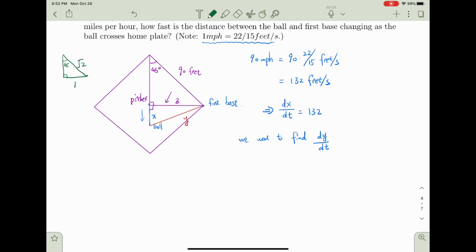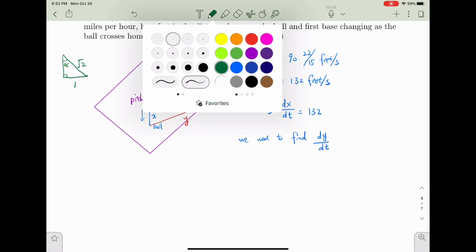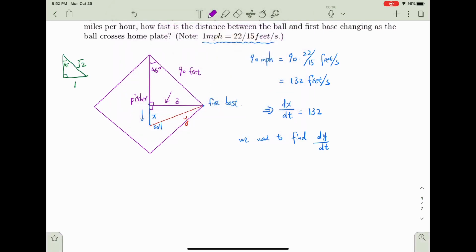So it means that we can just divide the 90 feet by square root of 2 to figure out the length of the side z. Okay, so we have z equal to 90 divided by square root of 2, which is equal to 45 times square root of 2 feet. Okay, z is equal to that.